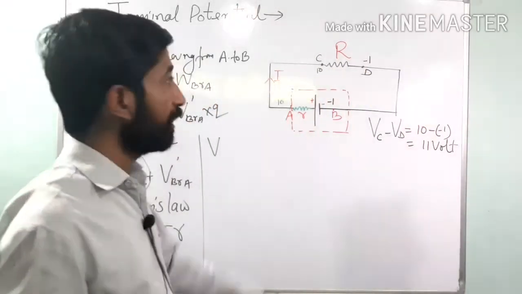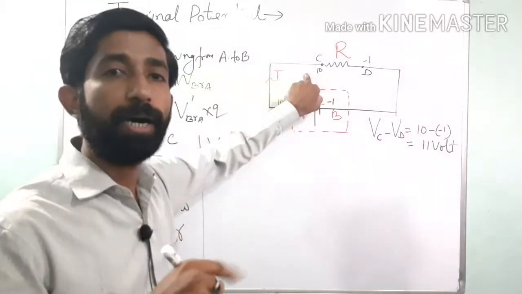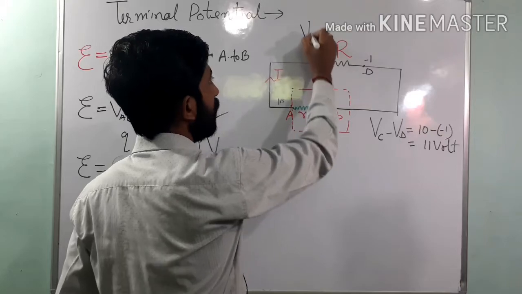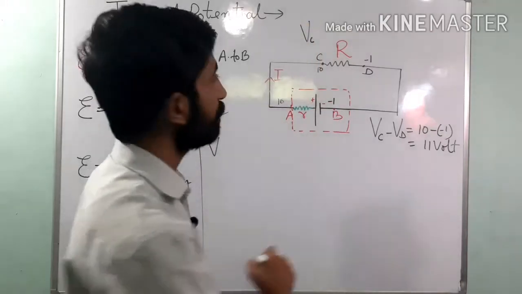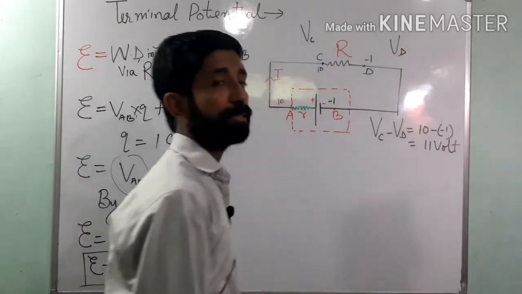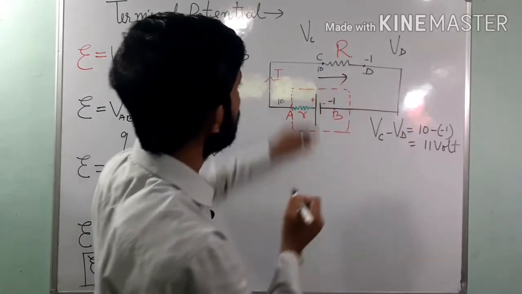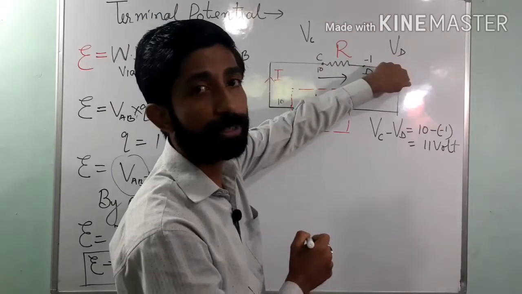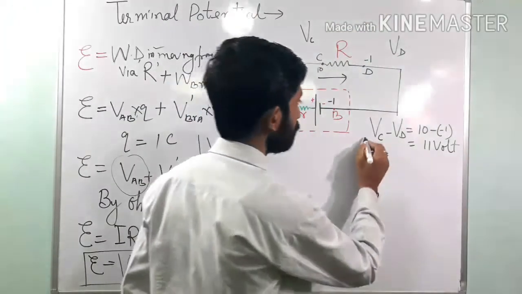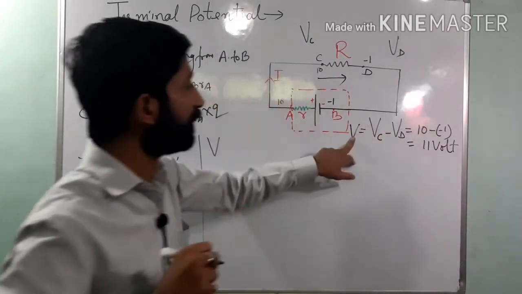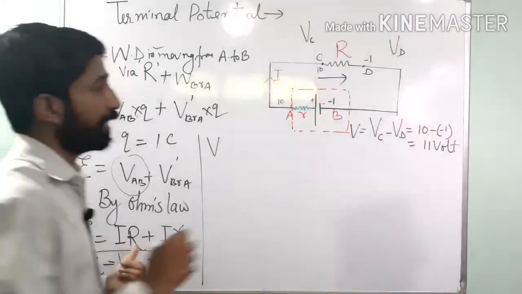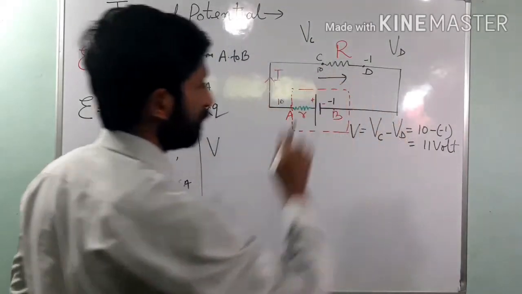Now one more thing, current always flows from high potential to low potential. So this is, say, potential at C, that is V_C, and this is at potential V_D. The current is moving in this direction, that is high potential to low potential, and their difference is known as V, that is V equals I into R, as I have written here, and that is equal to V_C minus V_D.